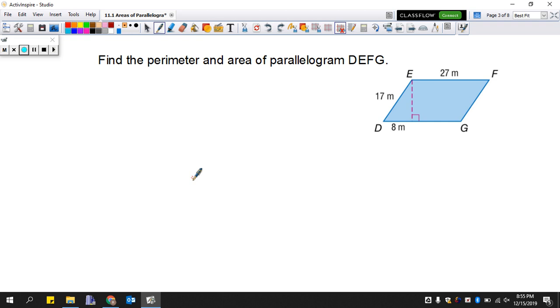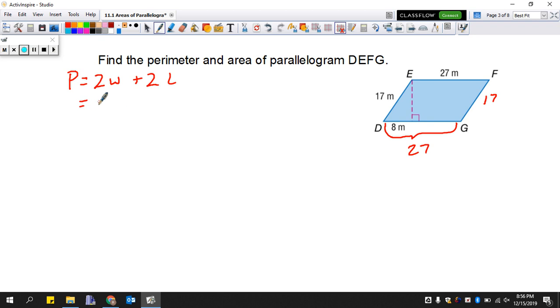The next parallelogram is the same type of problem. We know that this over here is 17, and the entire bottom is 27. So the perimeter is 2 times the width plus 2 times the length.